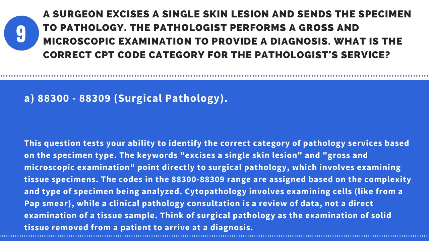The codes in the 88300 to 88309 range are assigned based on the complexity and type of specimen being analyzed. Cytopathology involves examining cells, like from a Pap smear, while a clinical pathology consultation is a review of data, not a direct examination of a tissue sample. Think of surgical pathology as the examination of solid tissue removed from a patient to arrive at a diagnosis.